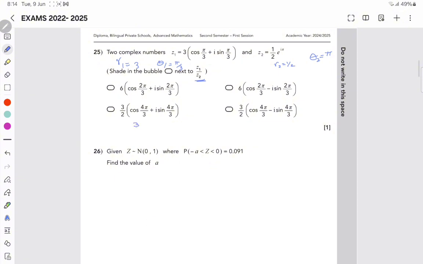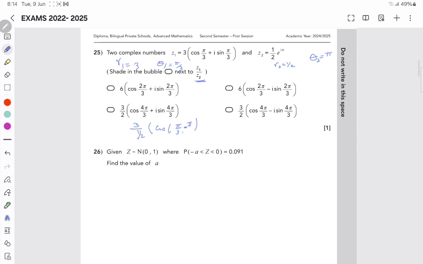So R1 is 3 over R2 is 1/2. Then when we divide, we subtract the angles: cosine of theta 1, which is pi over 3, minus theta 2, which is pi. So we just evaluate pi over 3 minus pi, plus i sine for the same angle, pi over 3 minus pi.